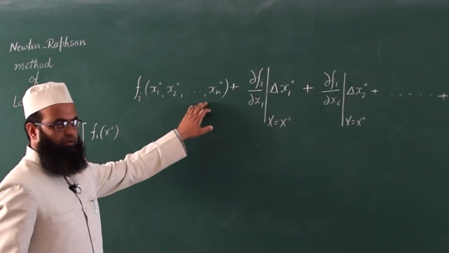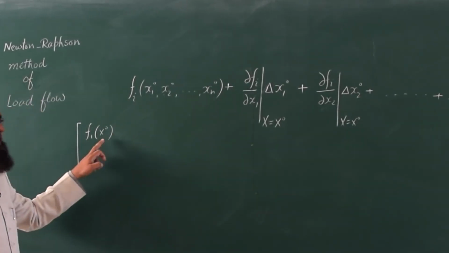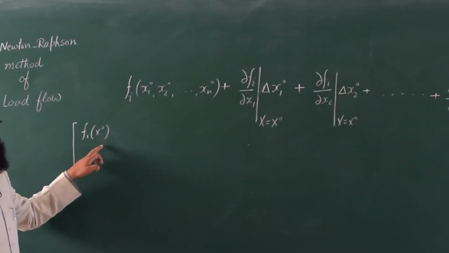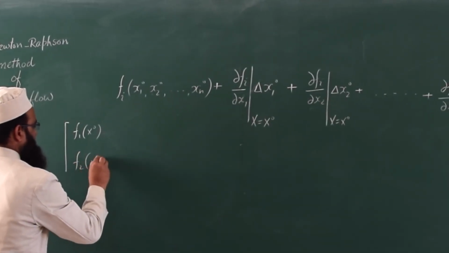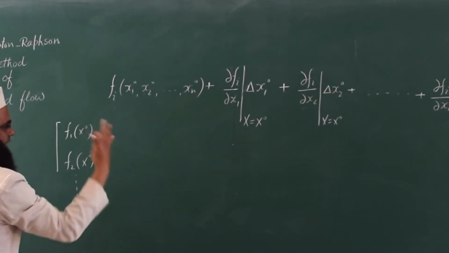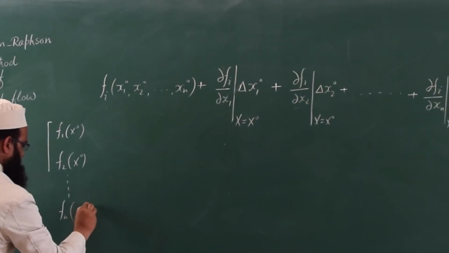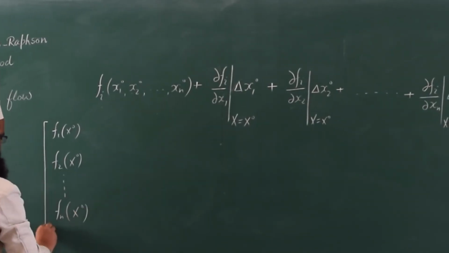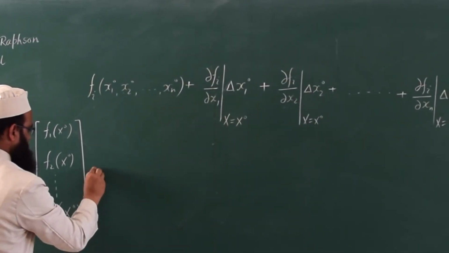So f1 evaluated at x0 will be written as f1(x0), f2(x0), and so on. For i equal to n, we get fn(x0), plus this.